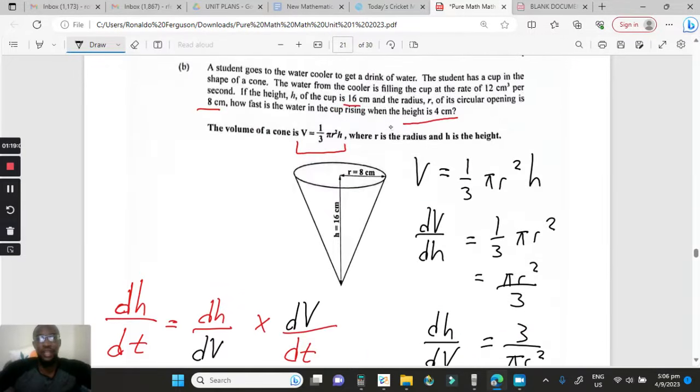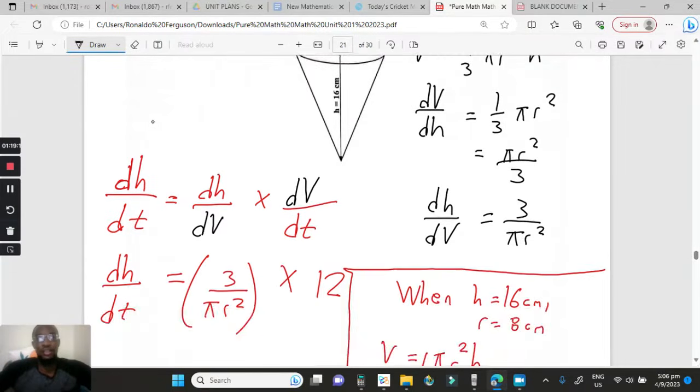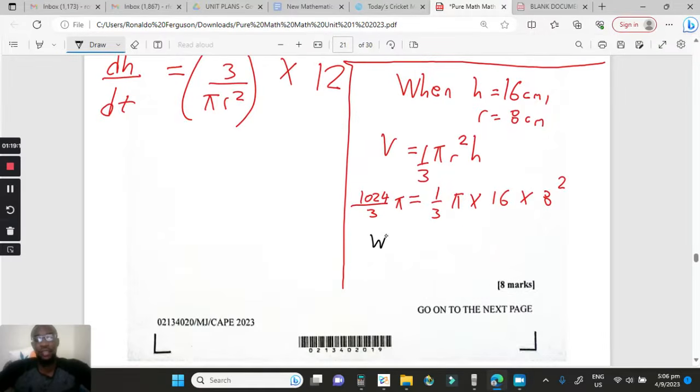Remember, they did not give you the radius. They said how fast is the water in the cup rising when the height is 4. So now let's find the radius when the height is 4. When h equals 4, the volume, 1024 pi over 3, is equal to 1 over 3 pi radius squared times the height, and the height here is 4.